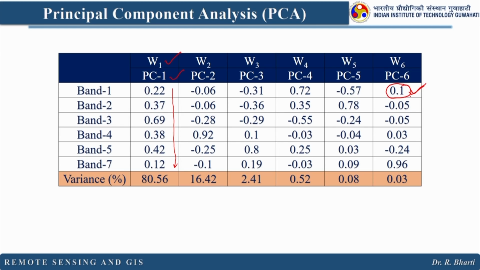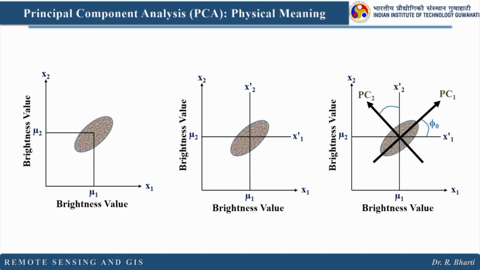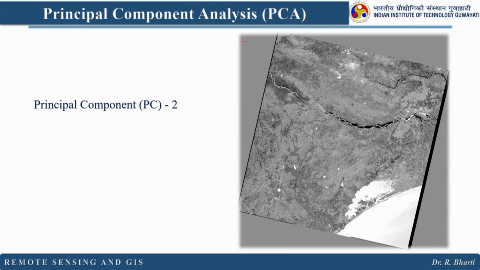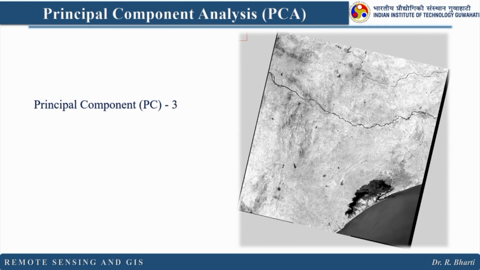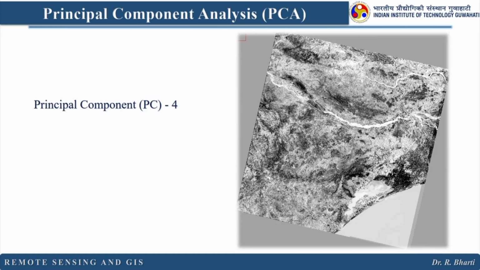Once we have gone through all these methods on the input data, we have our principal components. This is the first principal component, this is the second principal component, this is the third, and this is the fourth. Here I have given you only 4 principal components when I had 6 input bands.